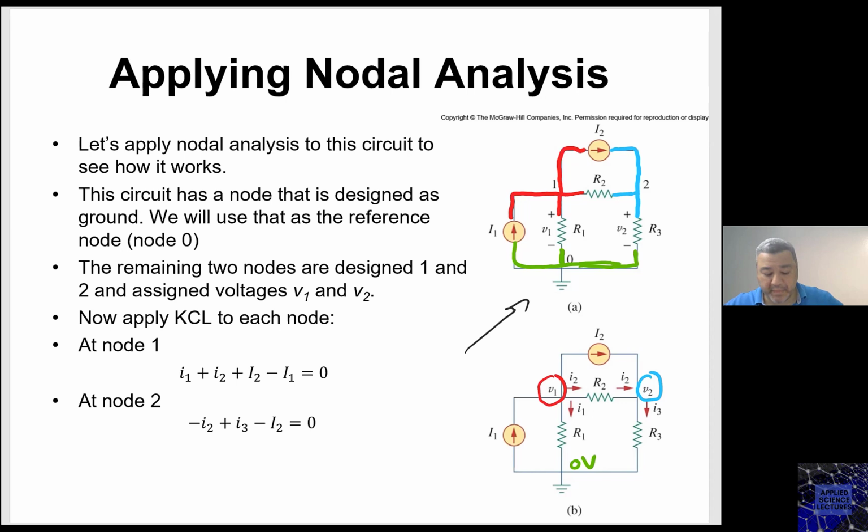Here it was given to me that the reference is this point, so I will continue with that case. Did I answer your question? I think so, yeah.